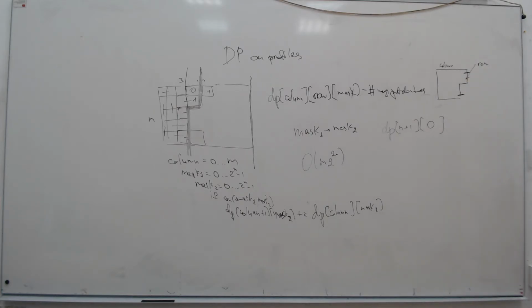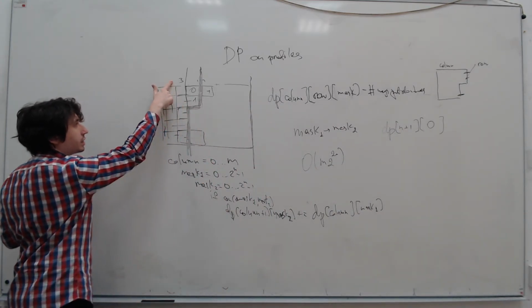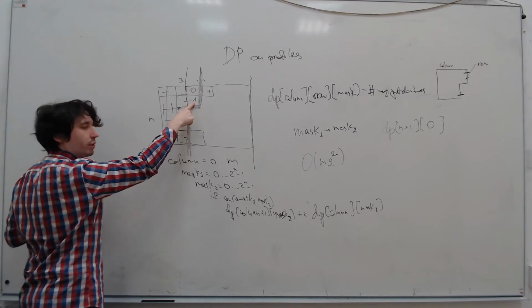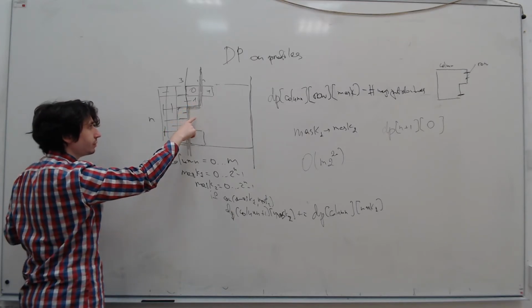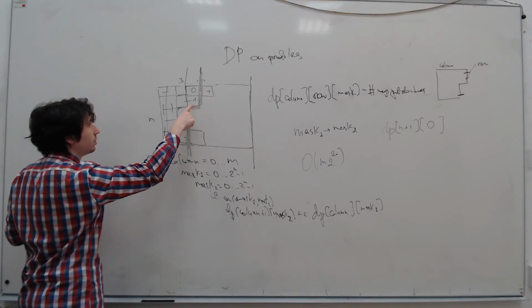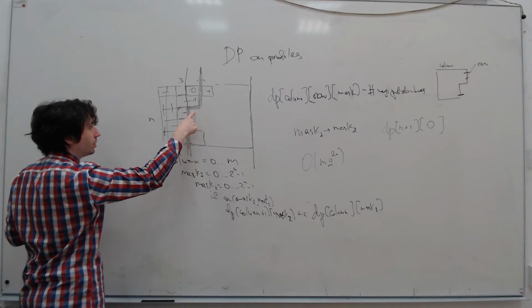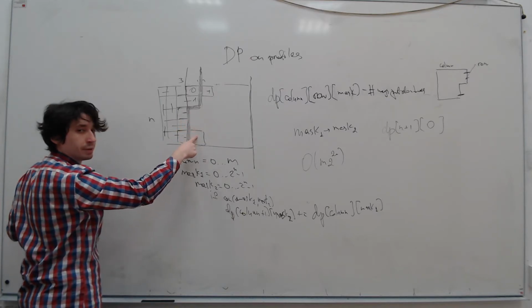So the mask is curved a little bit, like down, 1 to the left and down. For example, here the number of columns is 3, the row is 2, and the mask is 1, 0, 0, 0, 1.